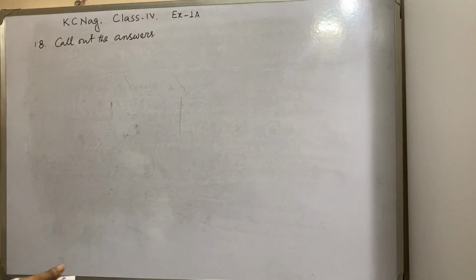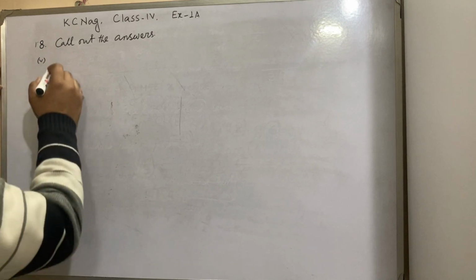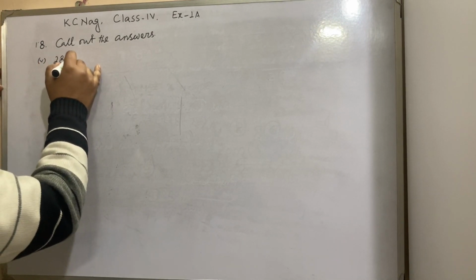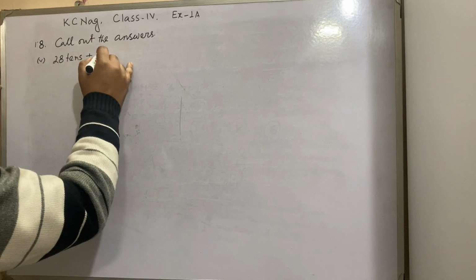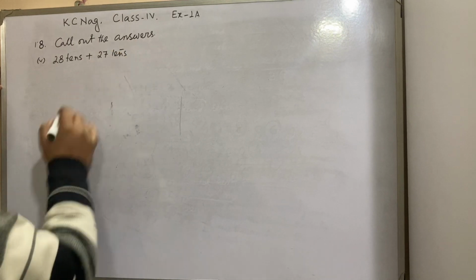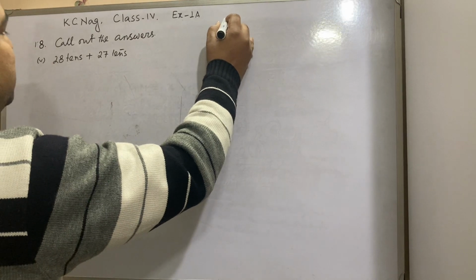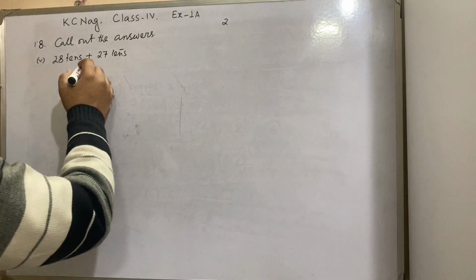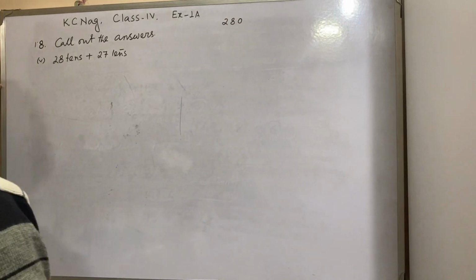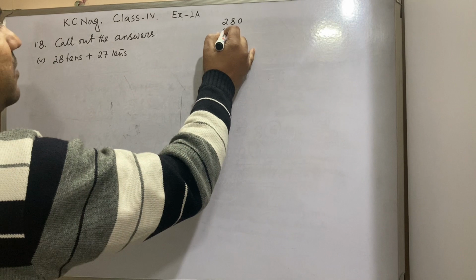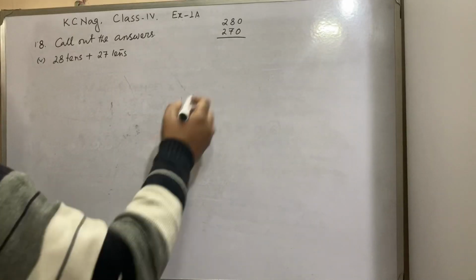Next, question number 5. 28 tens plus 27 tens is equal to, so 28 tens means 280, and 27 tens means 270.